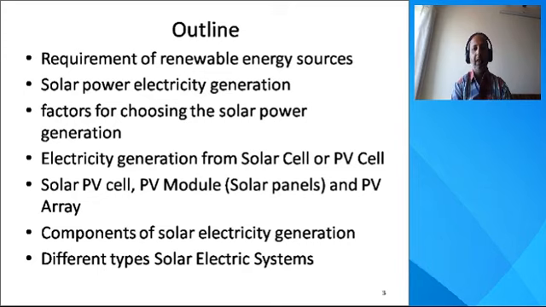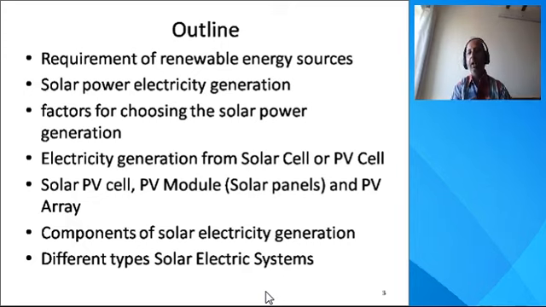It will be followed by components of solar electricity generation and then different type of solar electric systems.